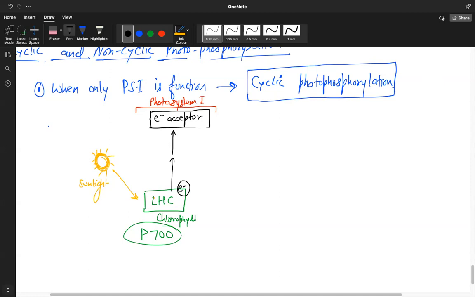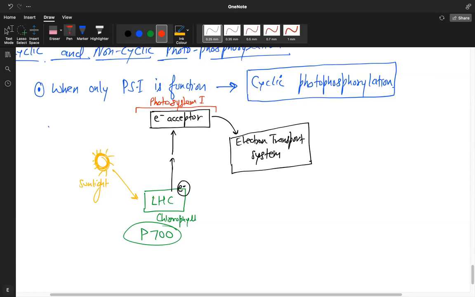It will take it to the electron transport system, correct? I am making it on this side, it's congested. Let's make it this side. This will take it to the electron transport system. And now whatever energy you have, you will give it to the electron transport system, where what happens?